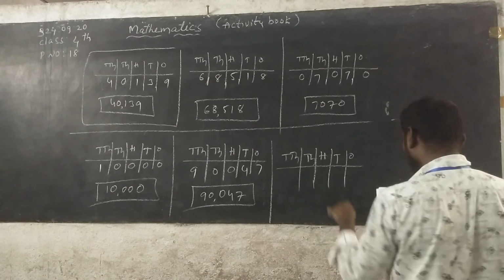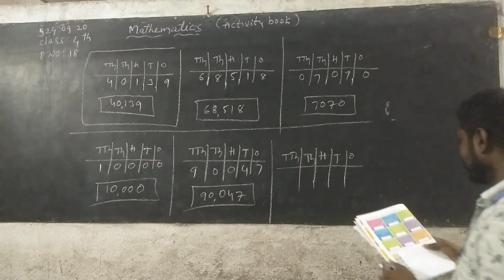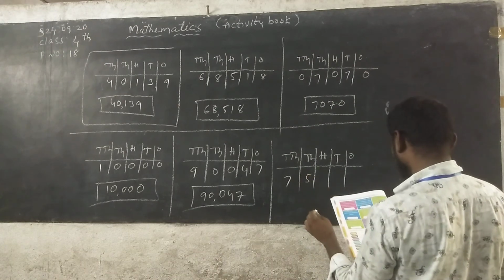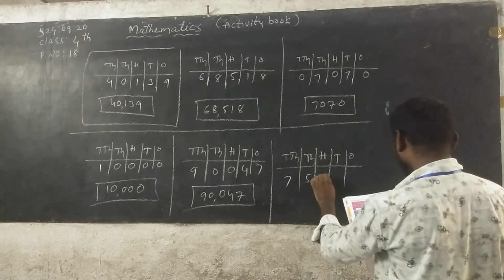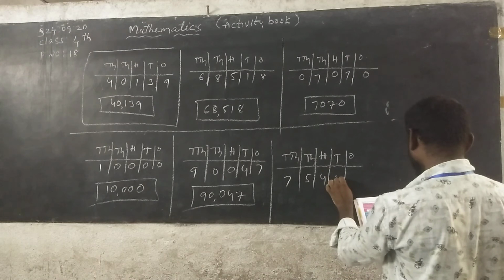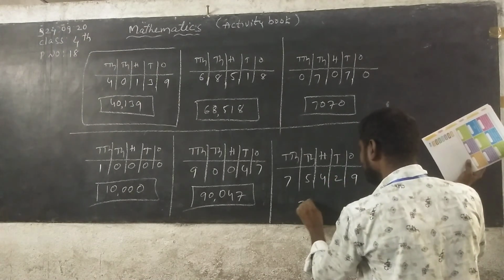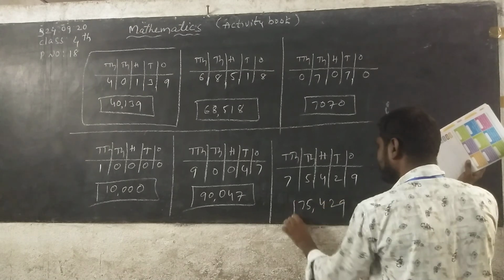See here, the remaining problem you can do. 7 in 10,000's place, 5 in thousands place, 4 in hundreds place, 2 in tens place, and 9 in ones place. The given number is 75,429.